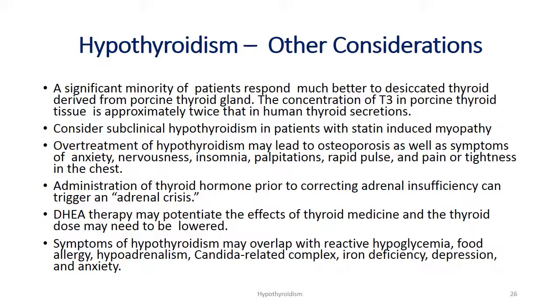When using porcine thyroid gland, one needs to know that the concentration of T3 is twice that of the human thyroid secretions. One needs to know that subclinical hypothyroidism may be a consideration in patients who have muscle pain when they take statins.